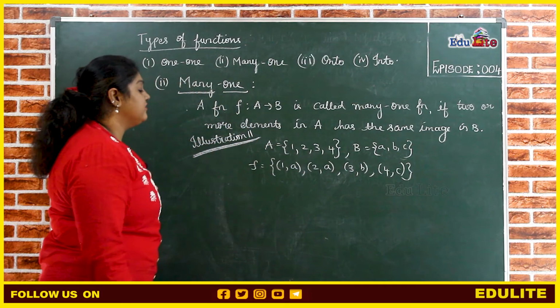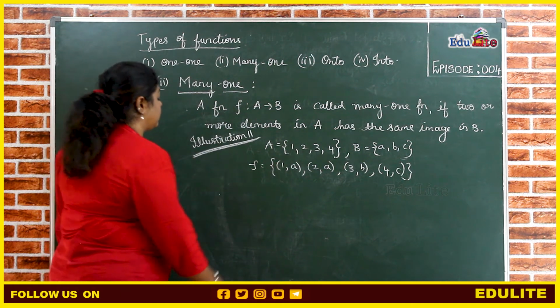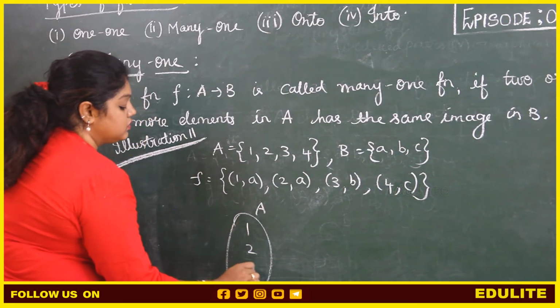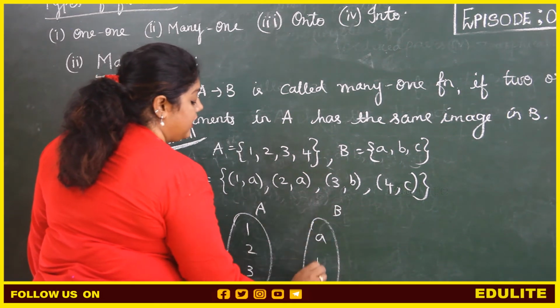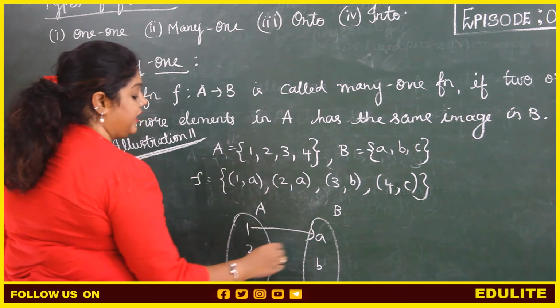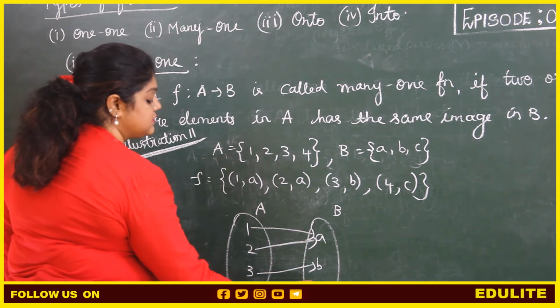So we have considered the given example in the textbook. Let us find whether this is a many-to-one function or not. The set A is given as 1, 2, 3, 4 and the set B is given as a, b, c. According to the function f, 1 is mapped to a, 2 is mapped to a, 3 is mapped to b and 4 is mapped to c.